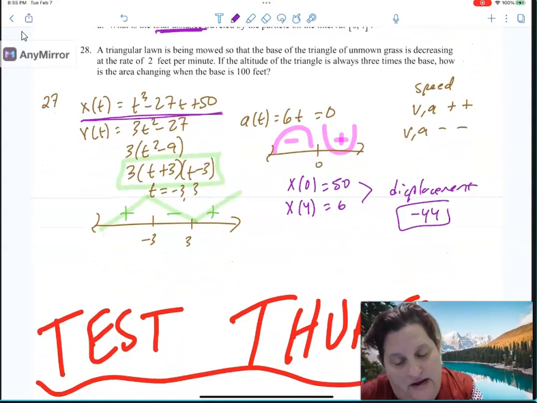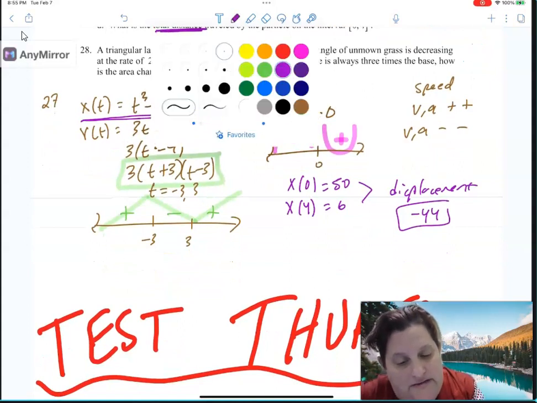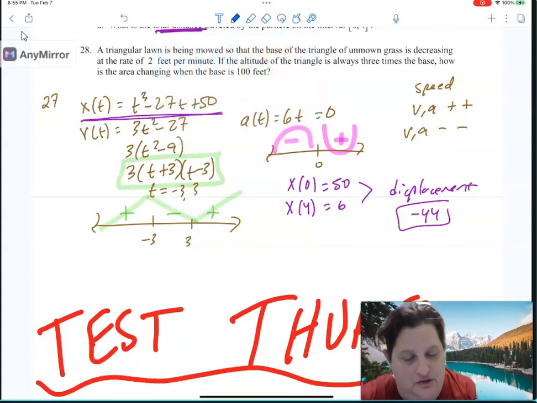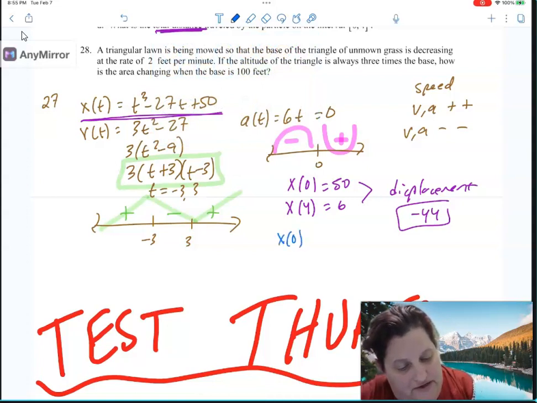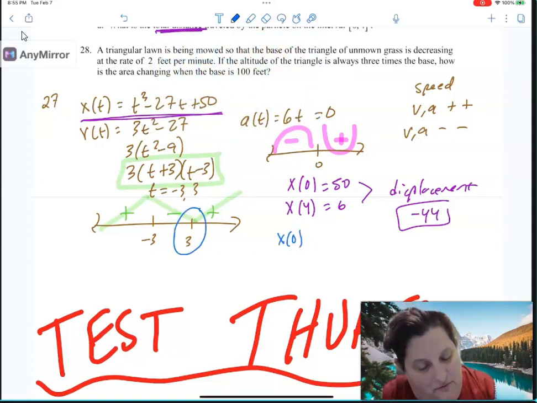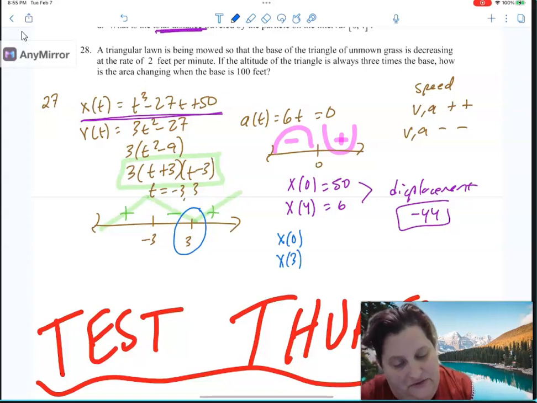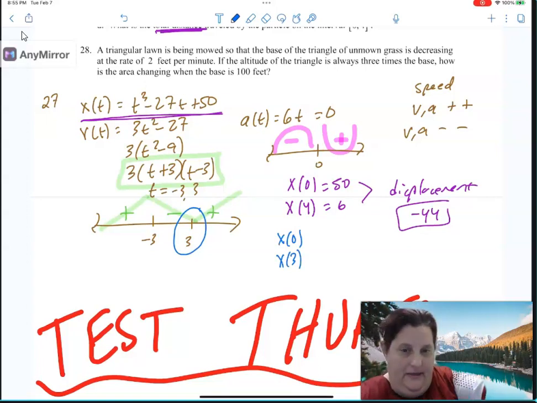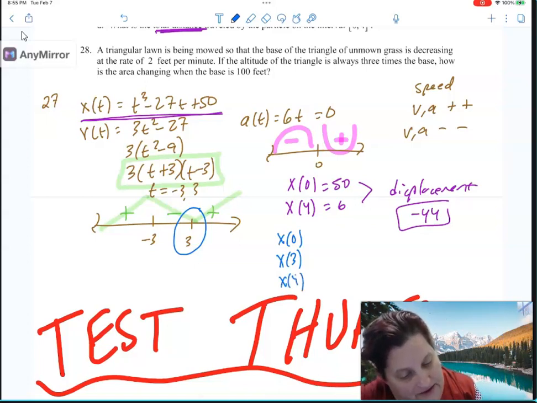But now it's going to ask what's the total distance. And if you guys remember, we talked about this. With total distance, we got to count everywhere it turns around. So it starts at 0, it turns around at 3, because that's what's happening here. It's going one way and then it goes the other way. And then it ends at 4.